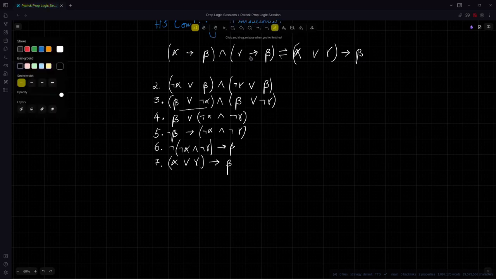So we have like common consequence, right? Now we can also have common antecedents. You can have alpha implies beta and alpha implies gamma.